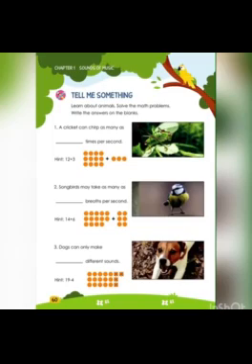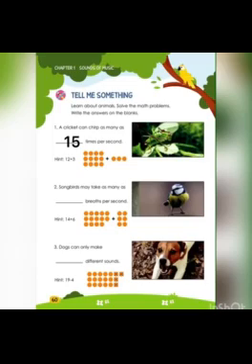A cricket can chirp as many as blank times per second. And here we have 12 plus 3. It equals? Very good, 15. Let's go with number 2.